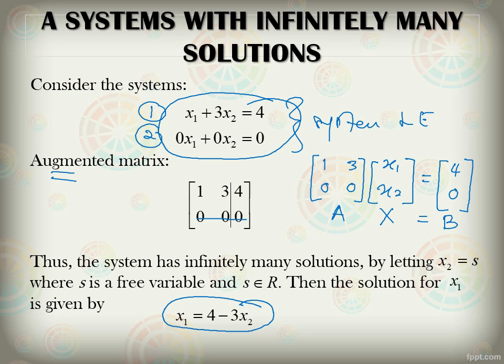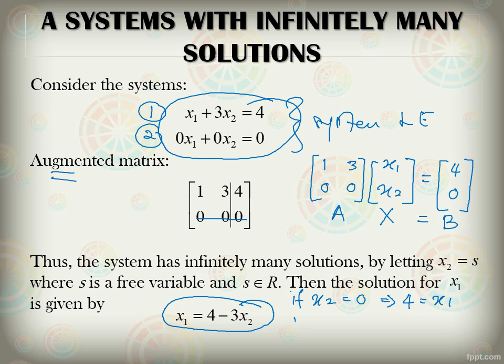It can take any real value, depending on the value of x2. So x1 will depend on your x2. If you choose x2 to be 0, your x1 will be 4.